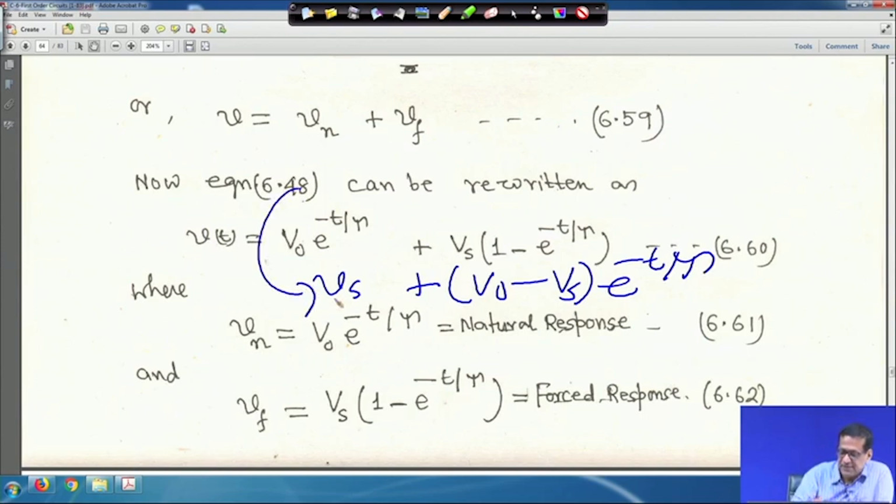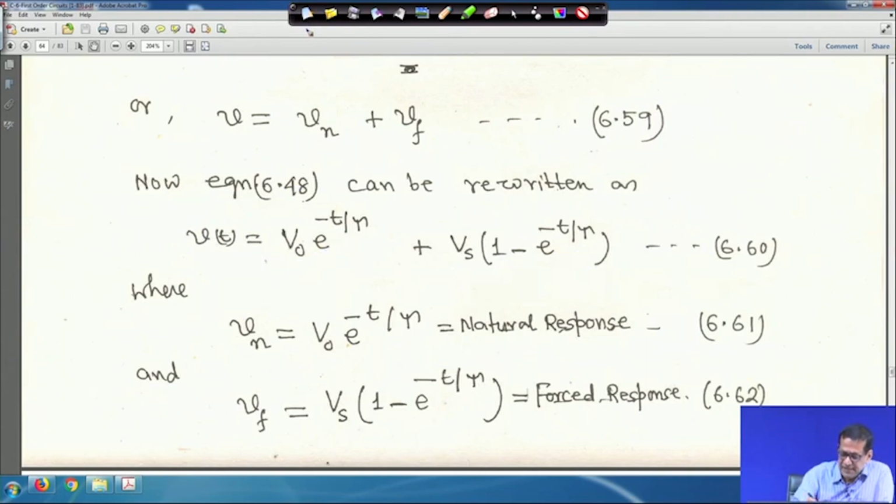So this is actually V infinity plus (V0 minus V infinity) e^(-t/tau). If you write V0 e^(-t/tau) here, and Vs minus Vs e^(-t/tau), taking Vs common, it will be Vs times (1 minus e^(-t/tau)). That means Vn, the first term, is V0 e^(-t/tau), the natural response for a source-free circuit.